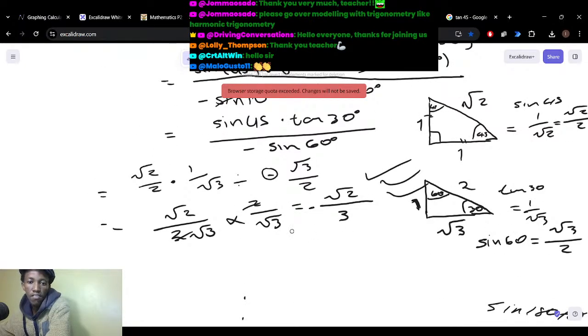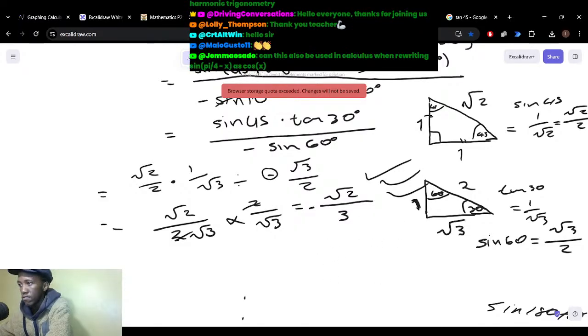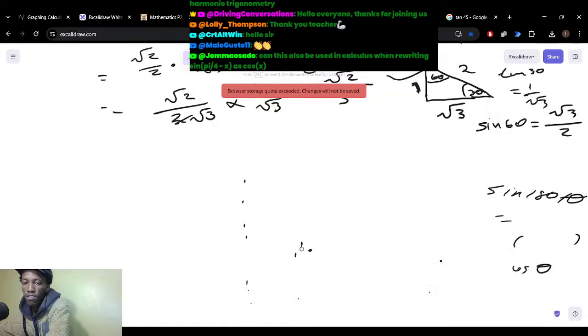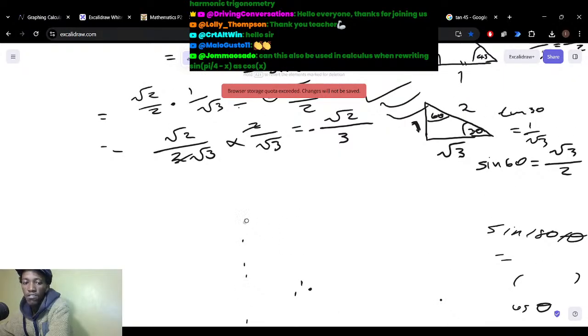Yeah, this is the final answer we have done. You can definitely use this approach to reduce your trig functions, even in calculus, especially in calculus.